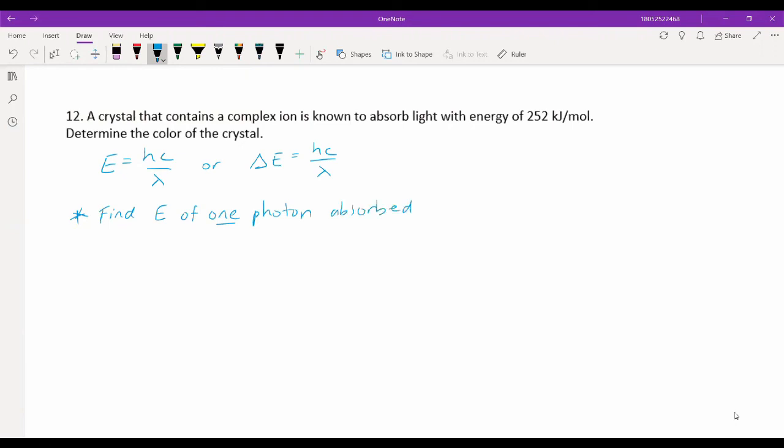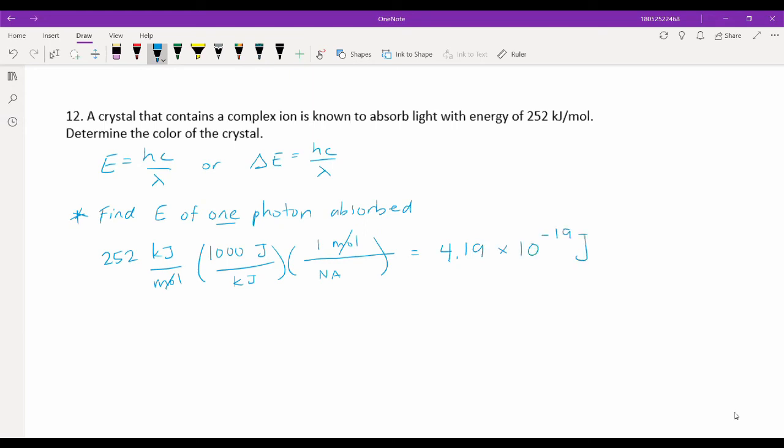To do that, we can take the units of 252 kilojoules per mole, and we want it to be in joules, first of all, which is easy. And then because we have the per mole, remember we can cancel that out with Avogadro's number, right? So 6.02 times 10 to the 23rd. And that would tell us that 1 photon would have 4.19 times 10 to the negative 19 joules of energy.